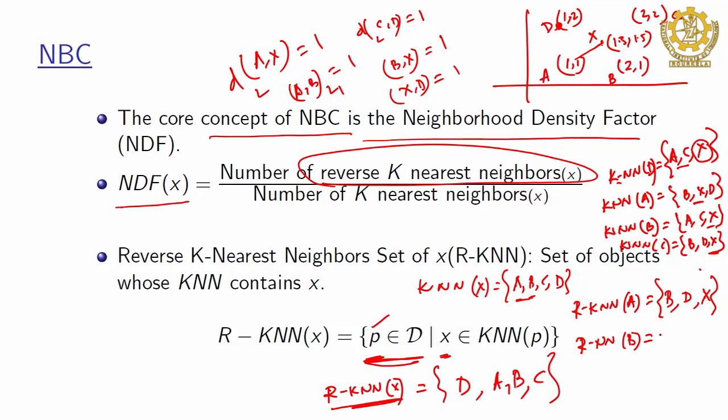B is appearing here. So obviously X will be there, and B is appearing in C, and B is appearing in A, got it.